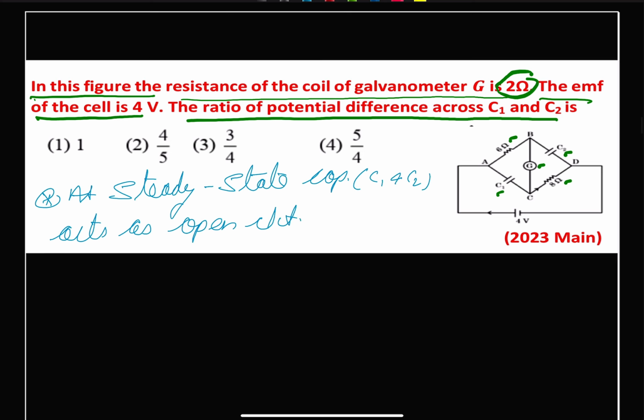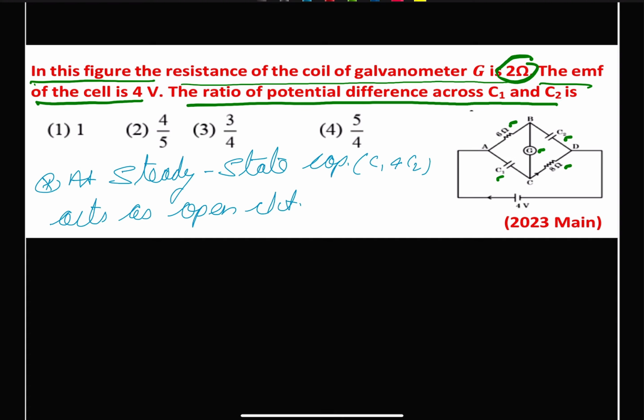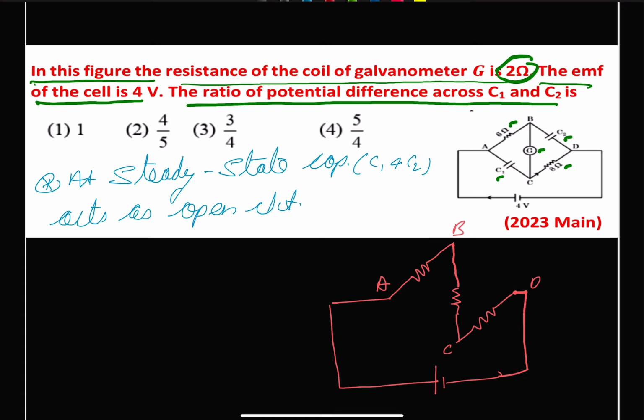So we can just redraw the figure, and from A we have B, and this galvanometer has an internal resistance of 2 ohm, and this is our D. So we start with A, B, C and D, and we are given a supply voltage of 4 volt, and the capacitors C1 and C2 will be acting as an open circuit.